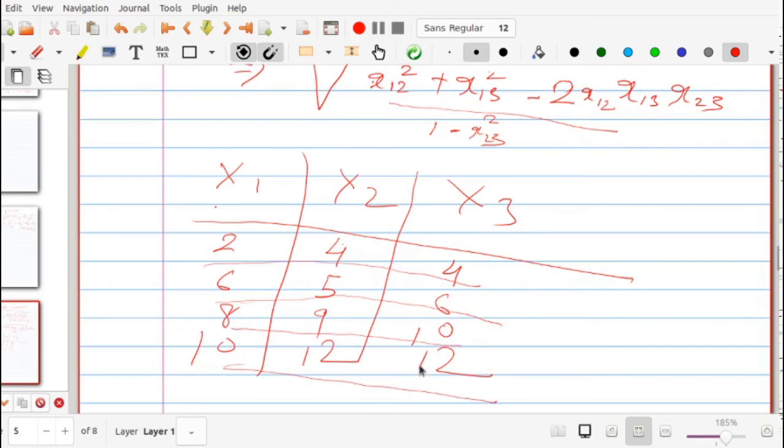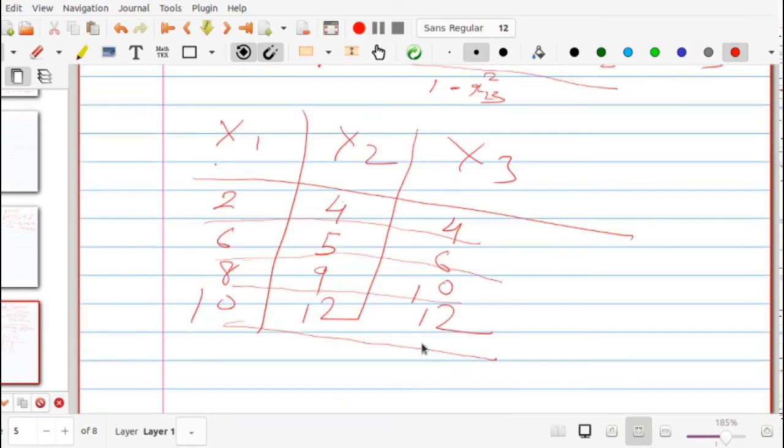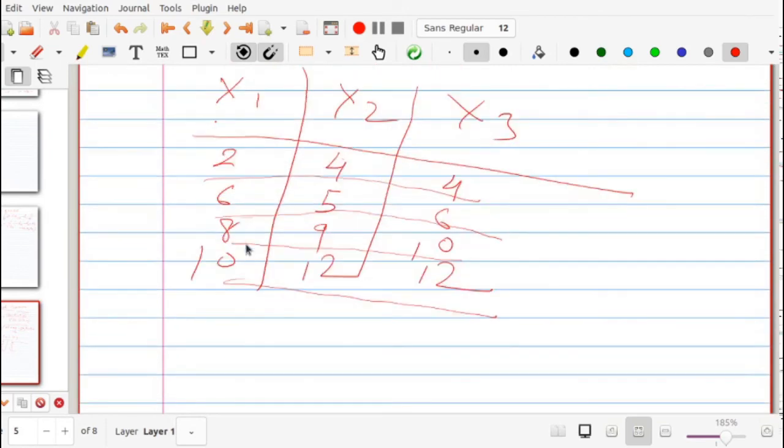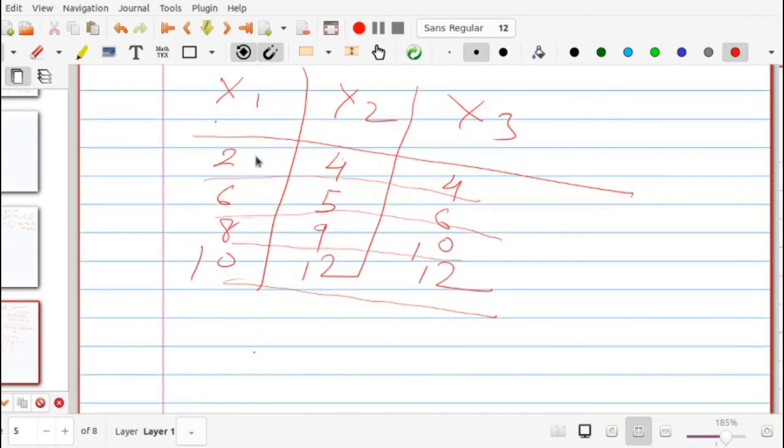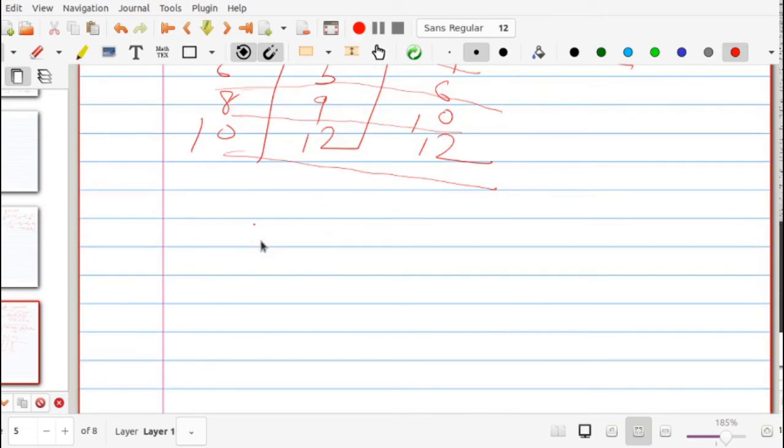If I have to find out the multiple regression from these 3 observations where x1 is the dependent variable of x2 and x3, what do I need to find out?